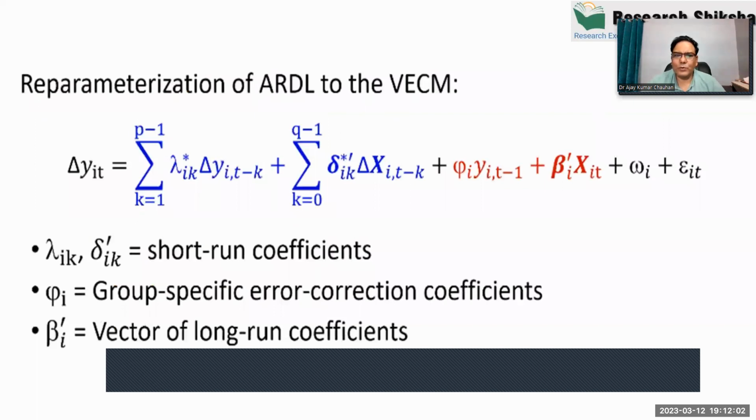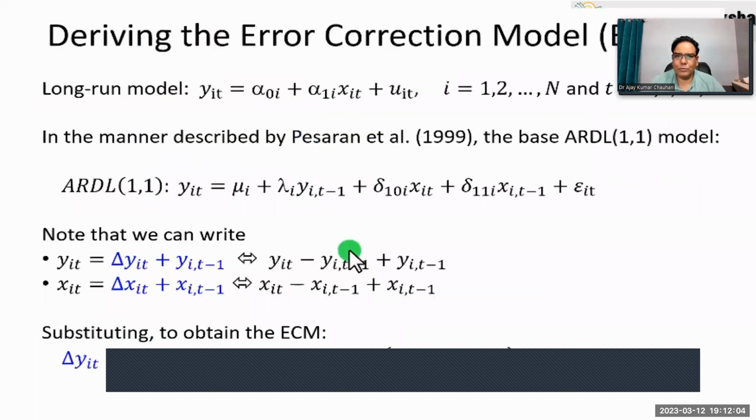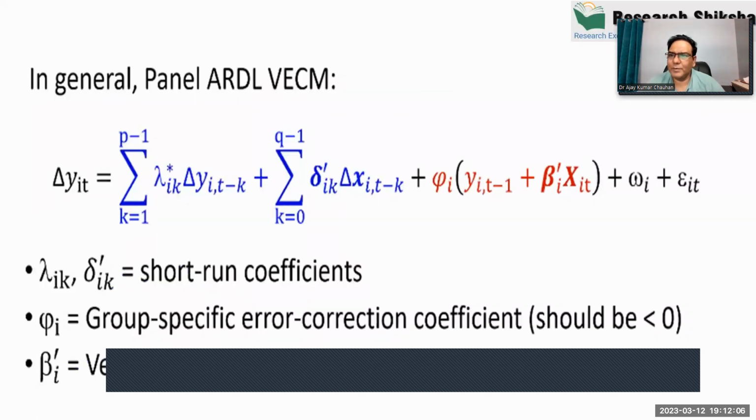Let me show you the main equation. Yeah, this is the main equation of panel ARDL model. In this equation, the blue is representing the short run coefficients, and the change in y is the dependent variable, and how it is affected by the change in y previous lag and change in x previous lag.